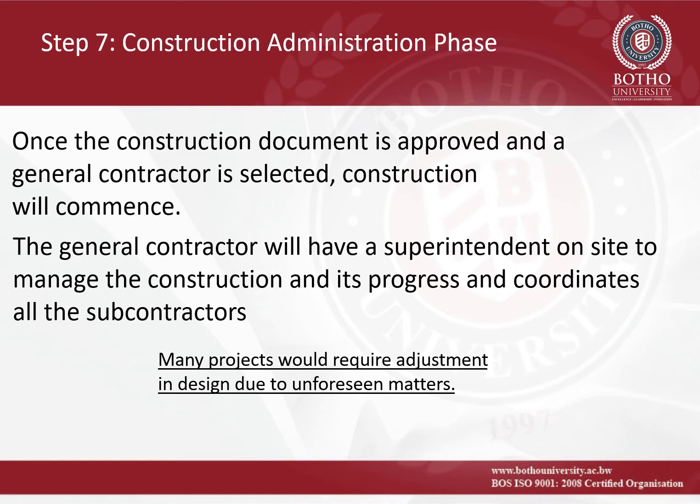The general contractor will have a superintendent on site to manage the construction and its progress and coordinate all the subcontractors. Based on the preliminary design, the contractor will then provide a cost estimate for the project. Also note that many projects would require adjustment in design due to unforeseen matters.